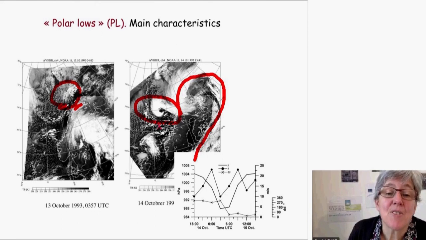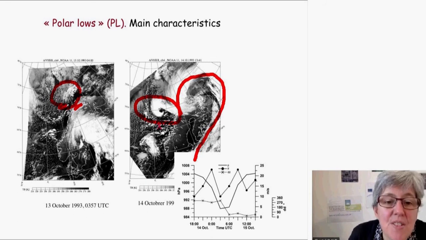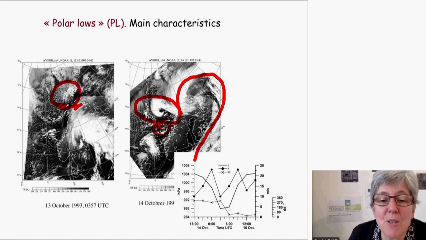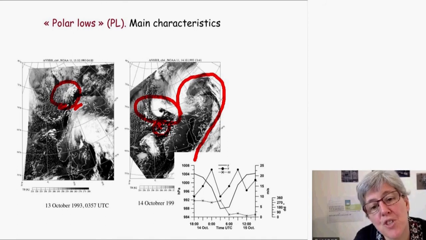The interest for such a system was that it flew over a ship where they made measurements, and the measurements are shown here in the figure at the bottom. And here you have the pressure. So you see that when the polar low moves over the ship, then the surface pressure decreases.